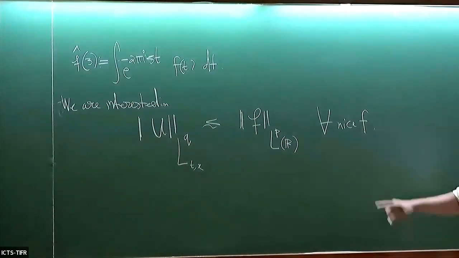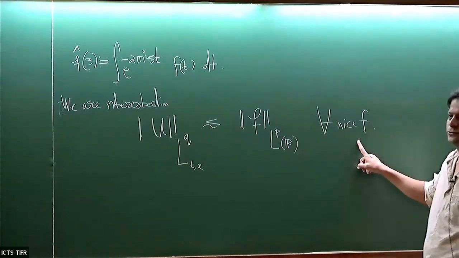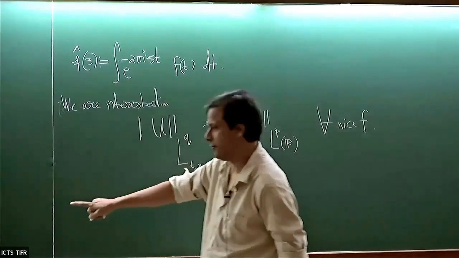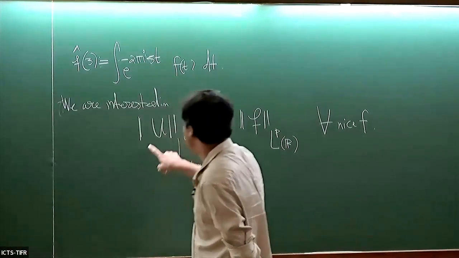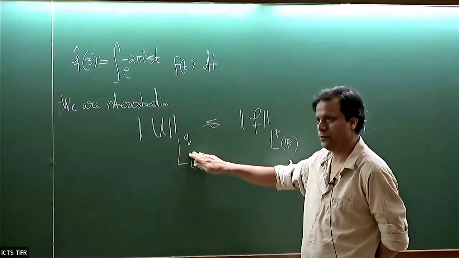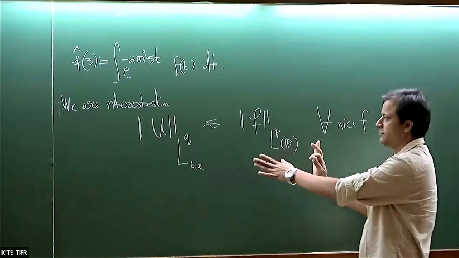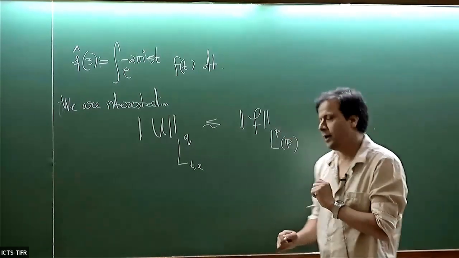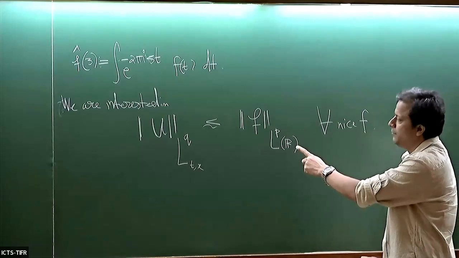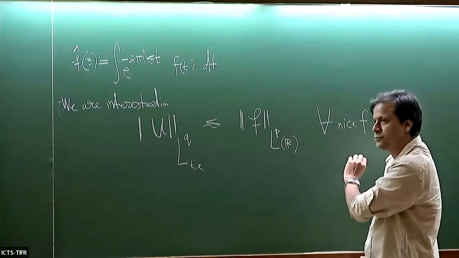If we have something like this for all compactly supported smooth f, we have this explicit formula for the solution. If we can prove this, valid for certain p and q, then for any fixed L^p function, we can approximate f by a compactly supported smooth sequence.